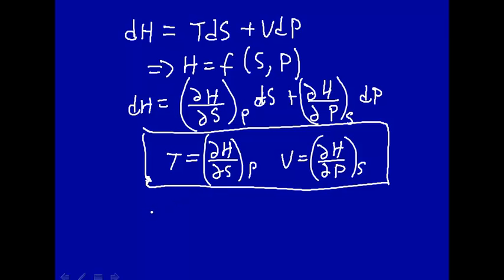Let's do it for Helmholtz free energy. In our derivation of the last lecture, we ended up with something like this: dA equals minus SdT minus PdV.